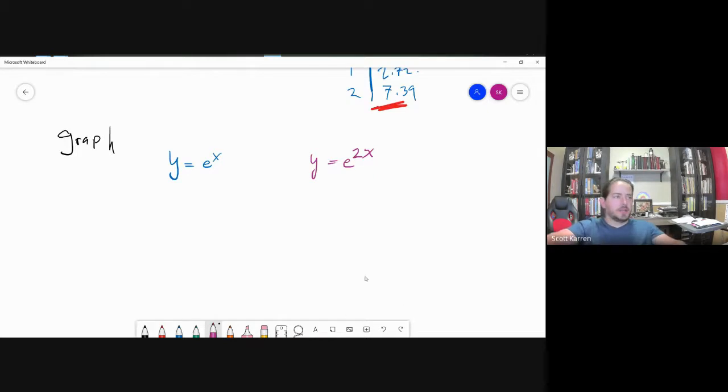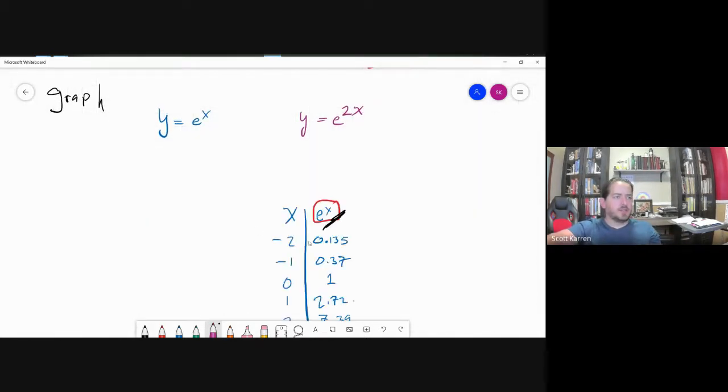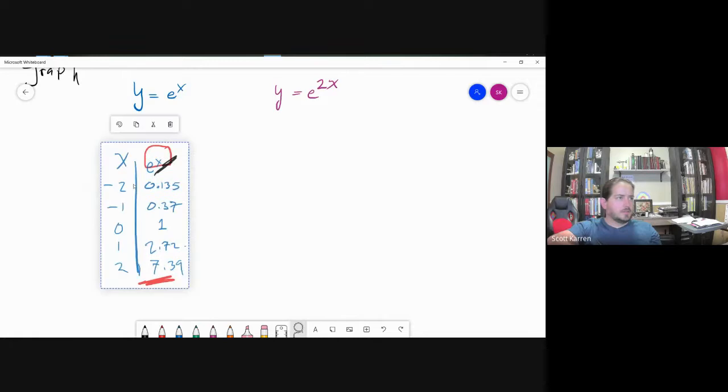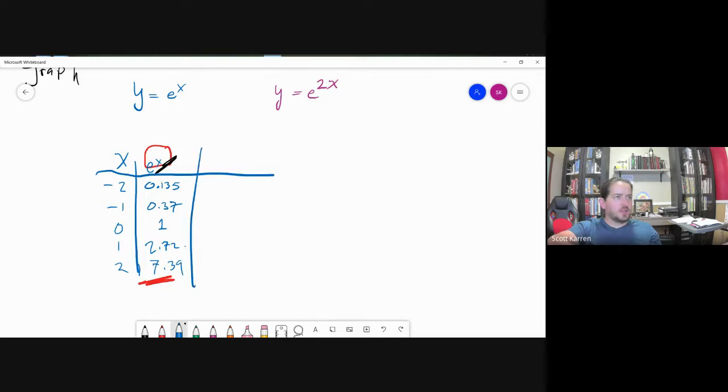So I am cheating because I have all of these values. So I already have e to the x. I know those values, but now I'm going to find e to the 2x, right?